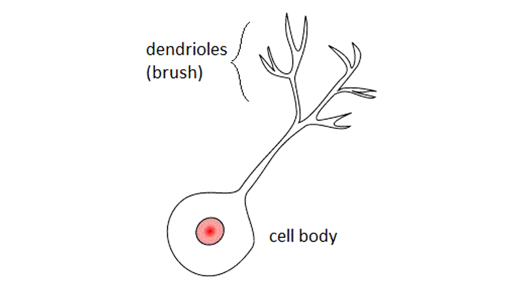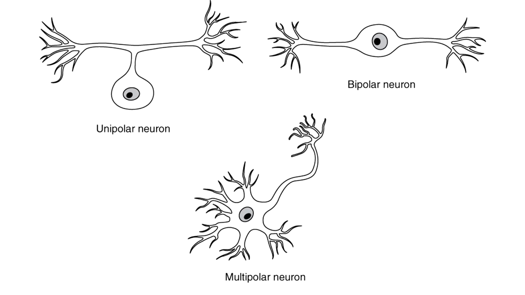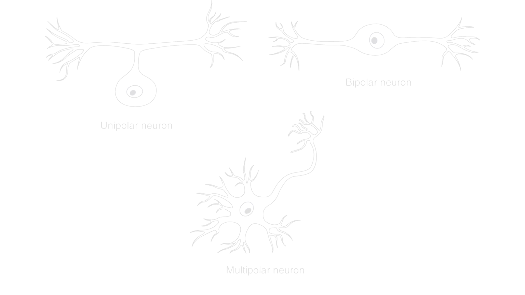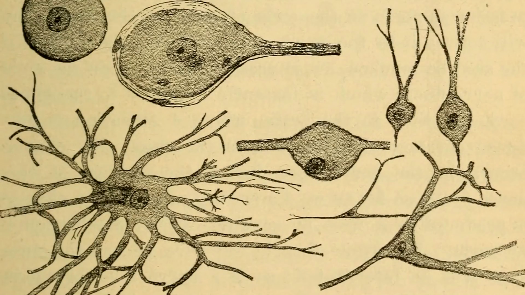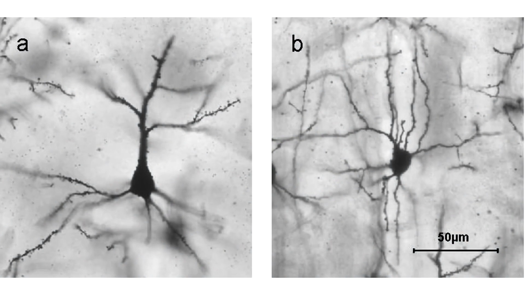Further, neurons can be unipolar, meaning they have one neurite, or they can be bipolar and multipolar, having two or more neurites. The cells can be classified by their appearance, such as star-shaped, pyramidal-shaped, and by how spiny they are.